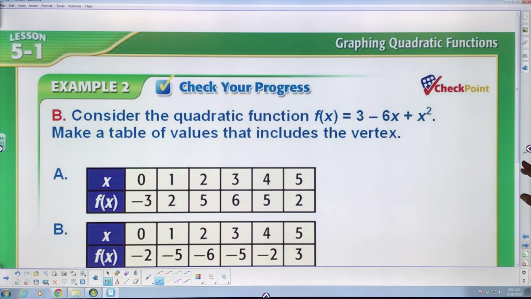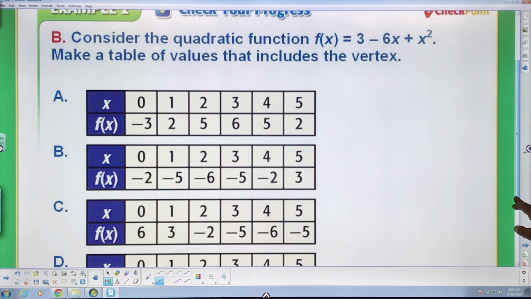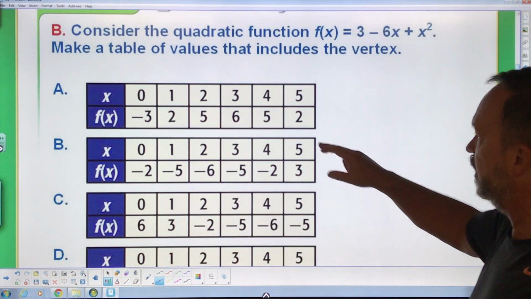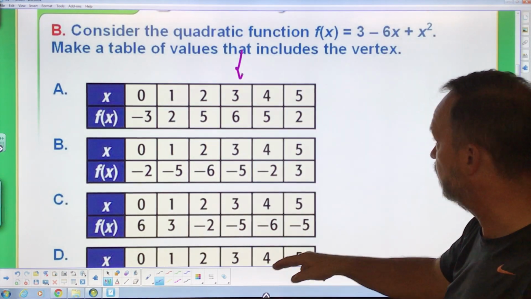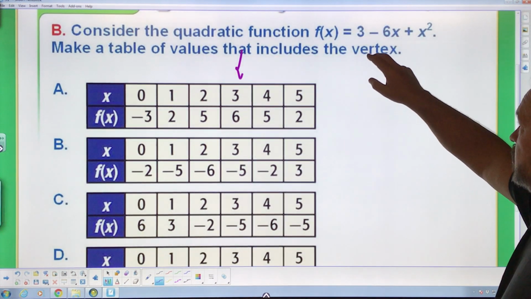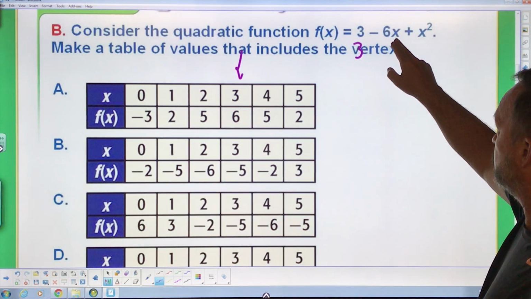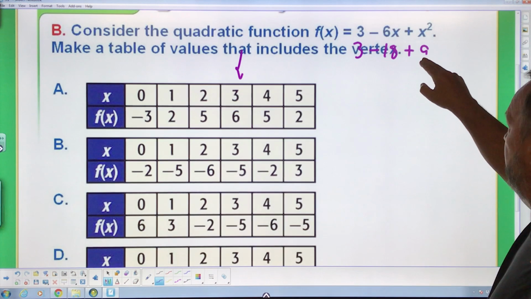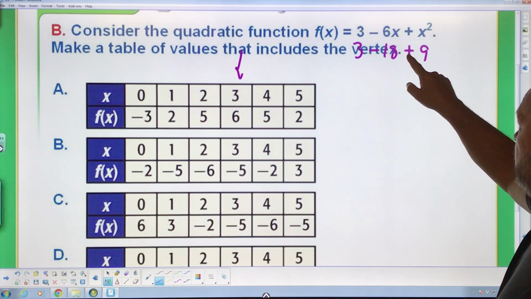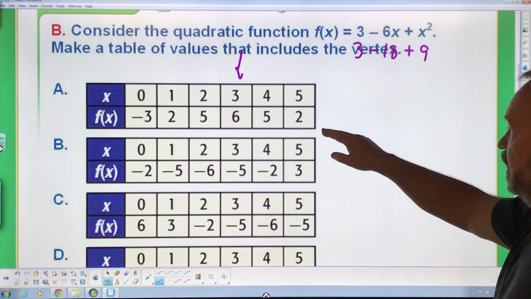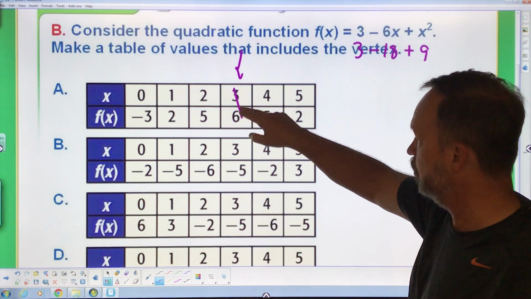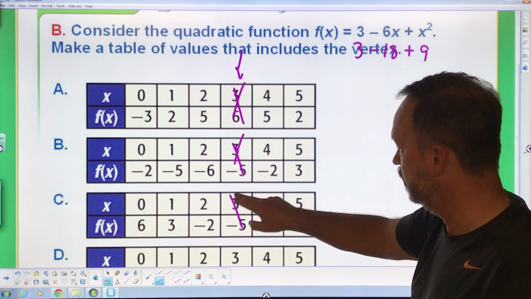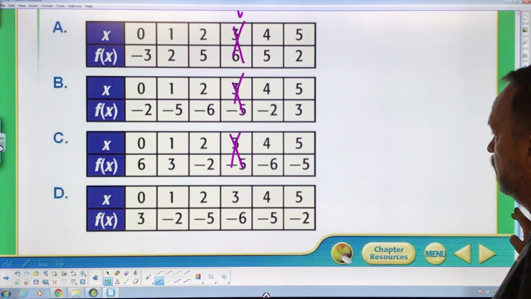We didn't discuss what would happen when x is 3, so let's do it. If that's 3, that's minus 18. If that's 3 squared, that's 9. And 9 plus 3 is 12, minus 18 is negative 6. So, no, no, no, yes.